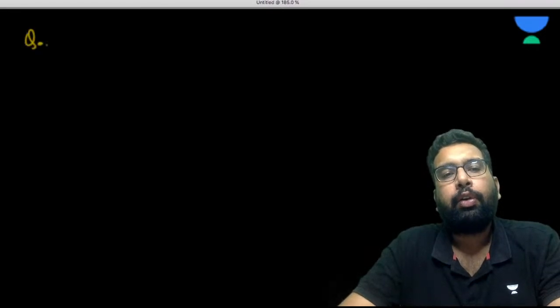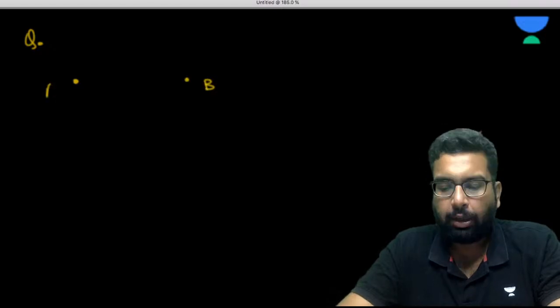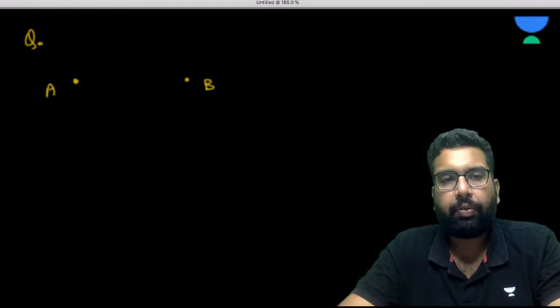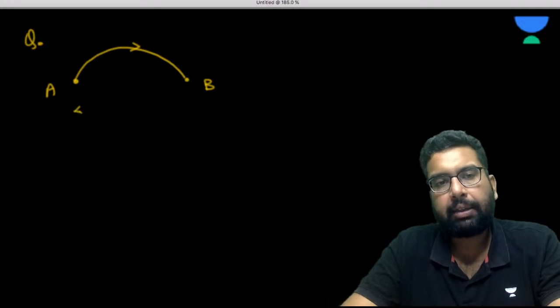Now, please understand this. Let's suppose we have two points A and B, and to reach from A to B, we moved in a semicircular path. This is 2R.